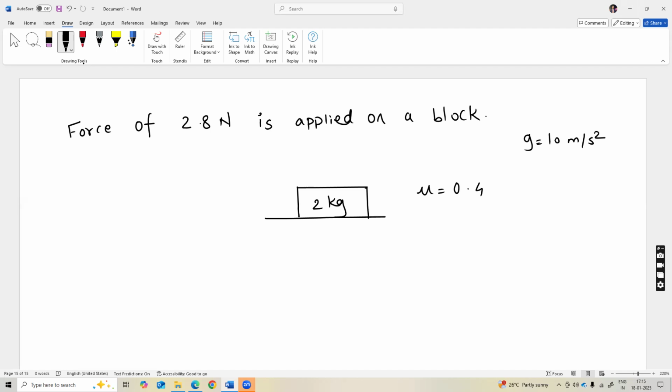So a force of 2.8 Newton is applied on the block. Basically, we have to find out the force of friction between the block and floor.